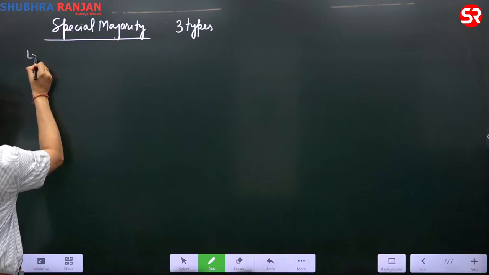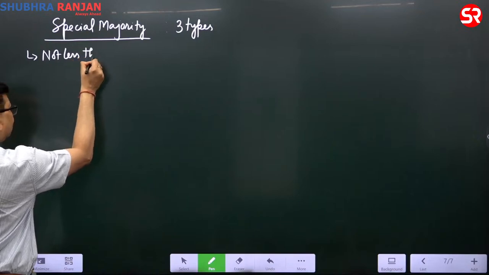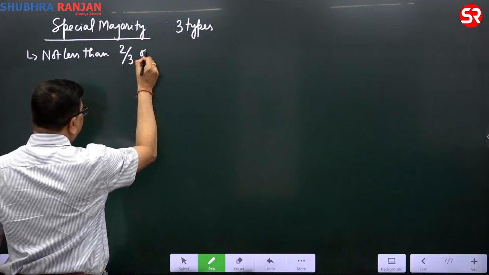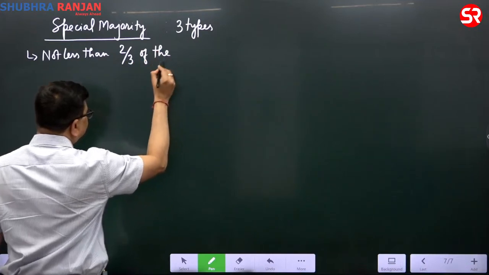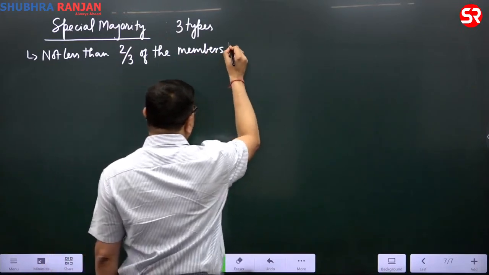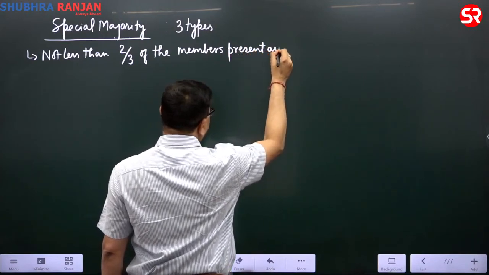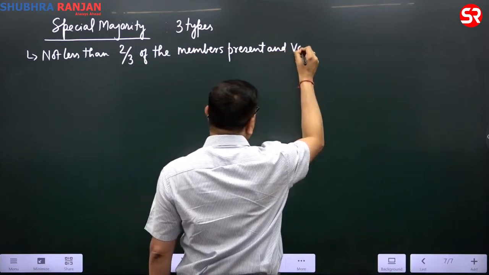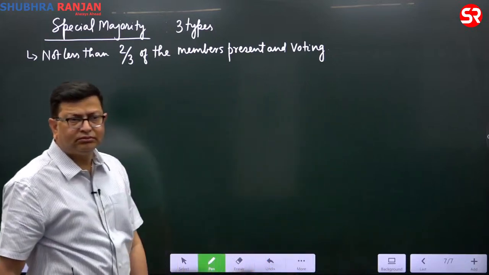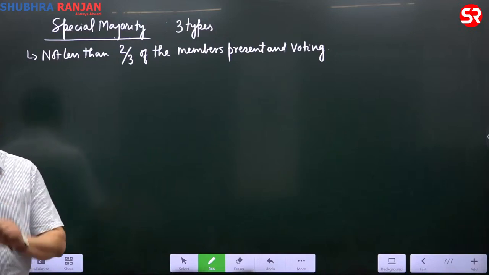First, not less than two-thirds of the members present and voting.